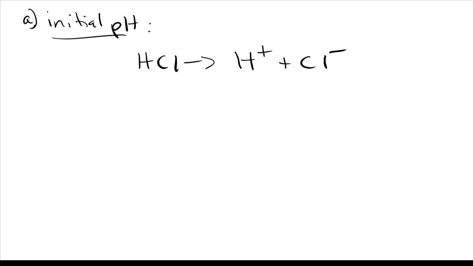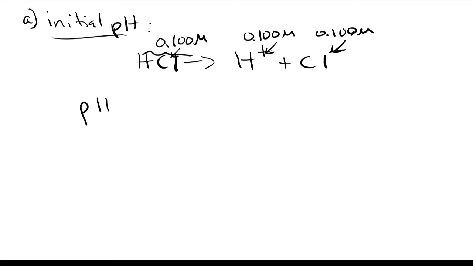Therefore, if we have 0.100 molar of HCl, then that means we have 0.100 molar of hydrogen ions and 0.100 molar of chloride ions, because it breaks up and you have 0.1 of each. Therefore, we can calculate the pH here. pH is going to equal negative log of hydrogen ions, and we already know what the hydrogen ions are.